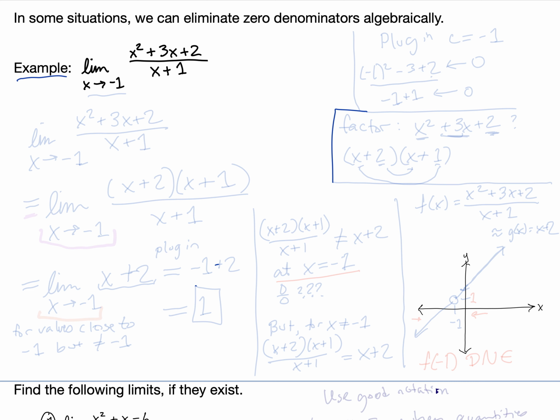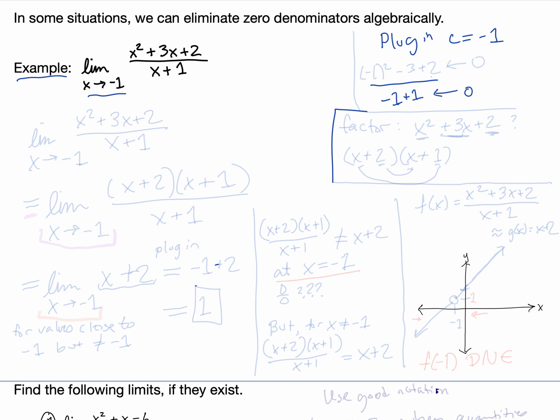So we could observe that if we plug in our value c equals -1, the place that we're wondering about with the limit, into this function, we would have a denominator of 0 because we'd have -1 plus 1, and that's 0.